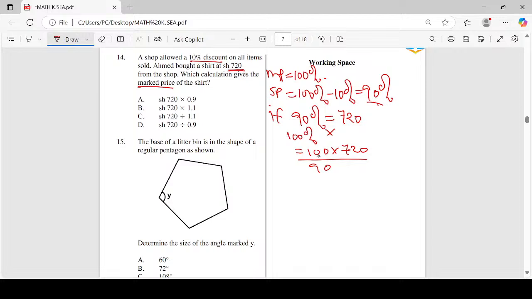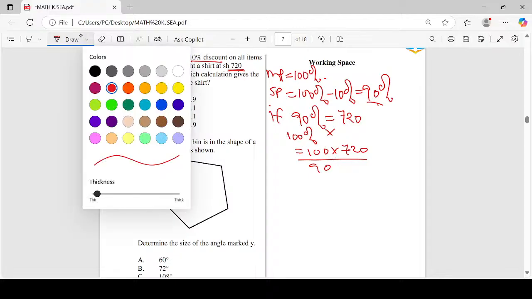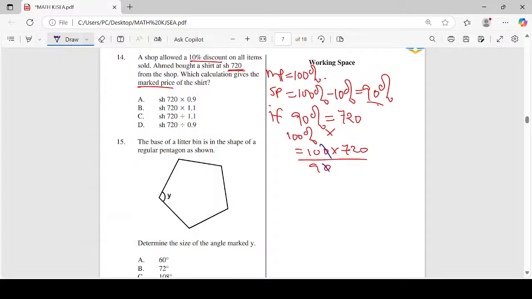When you simplify that, you'll realize the 0 and the 0 cancel.